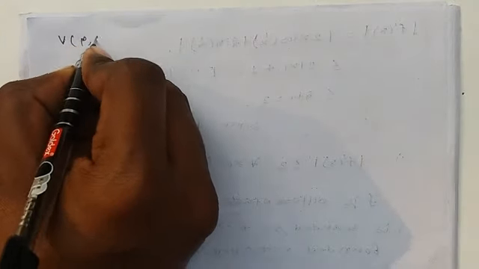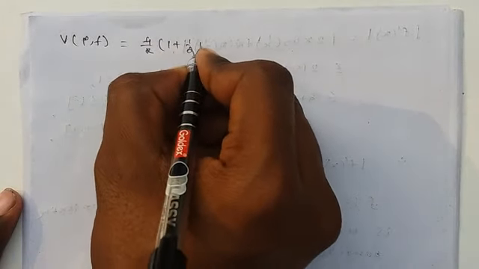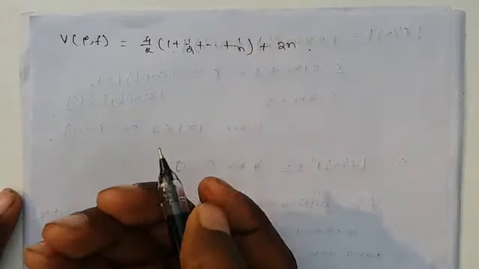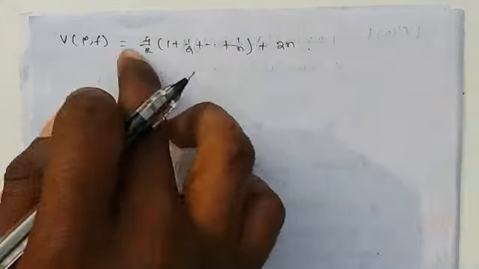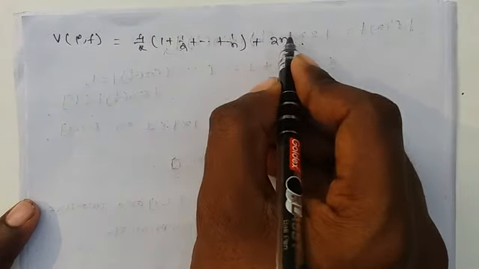Therefore V of P, f equals 4 by pi into 1 plus 1 by 2, 1 by n plus and so on up to 2n. And friends, you know that this is unbounded, because as n tends to infinity, this series diverges, and this is also diverged.